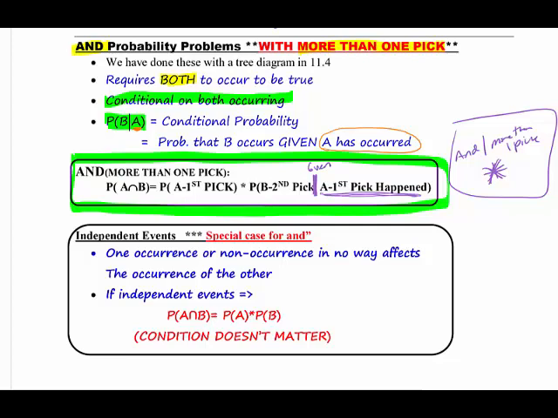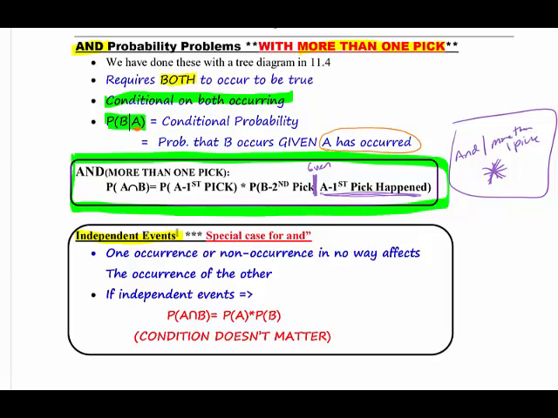Now we had mutually exclusive was important for an OR, because that just meant that if I was picking one, they can't both happen at the same time. The key for an AND problem, special case, is what's called independent events. It means if the first one happens, it does not affect the second one.